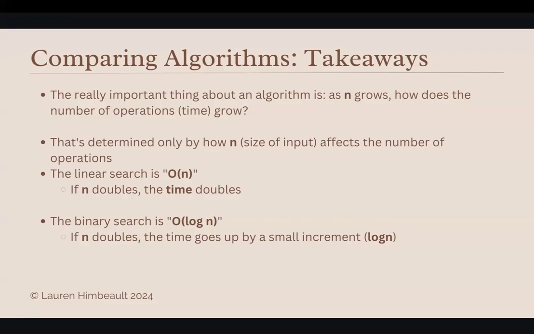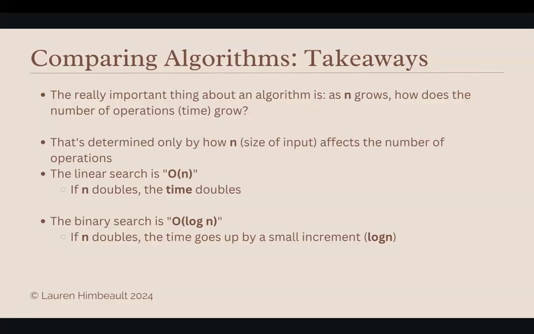We drop the constants and just leave the terms that exist in terms of n. So it's a big O of n, which basically is us saying, how will this algorithm grow as n changes? And this one grows at the same rate as n. If n doubles, the time will double. Now binary search is big O of log base 2 of n.